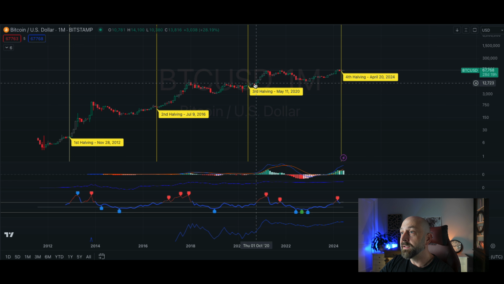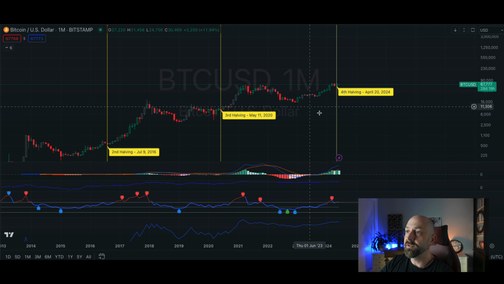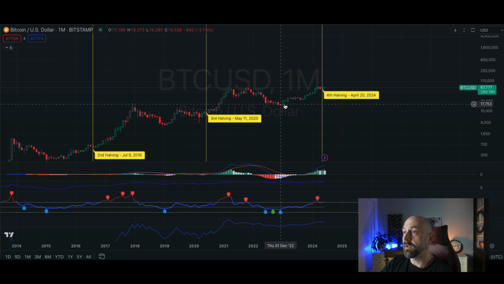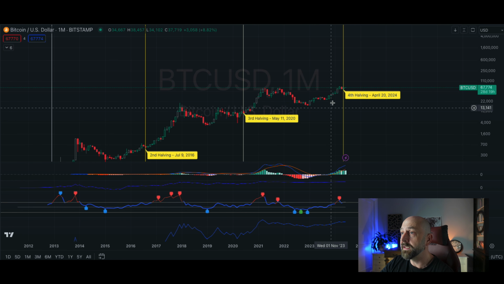Now, in this cycle, we broke above it, and the mainstream narrative for this would be that the institutions are here, and that now the structure has potentially changed because we've either reached the top of the market, or this is the peak. But before the halving, we've actually gone and closed above previous cycle highs. So I don't think that's the case.